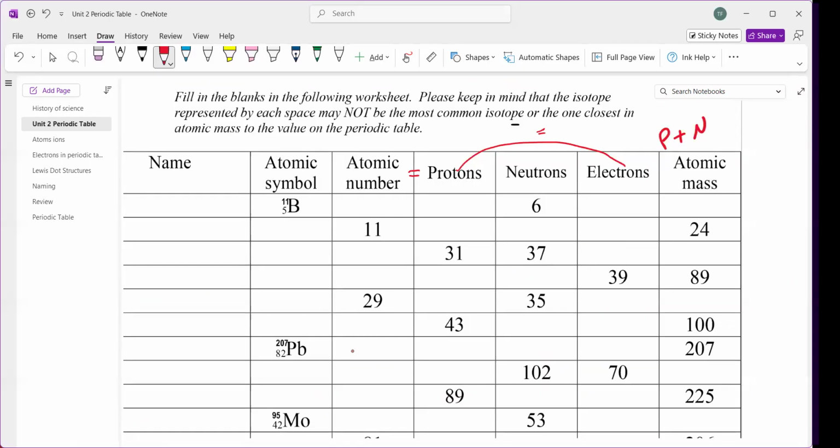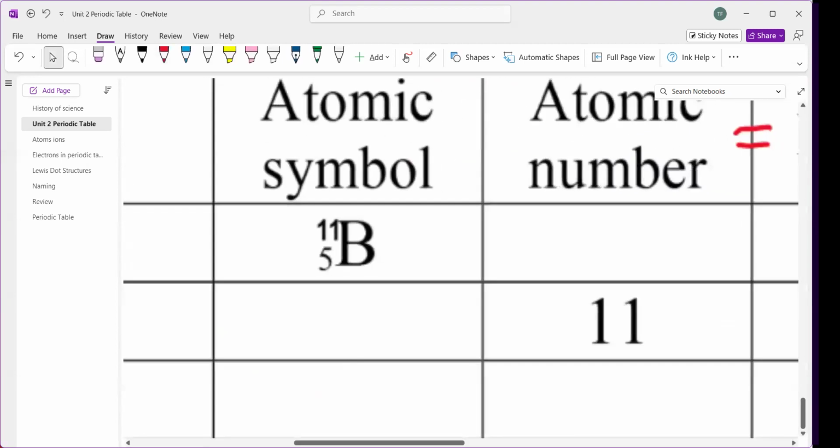So protons and atomic number are interchangeable. In the symbol, again, the bottom, smaller number is the number of protons. The top number is the isotope mass number.